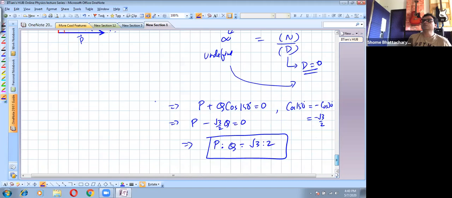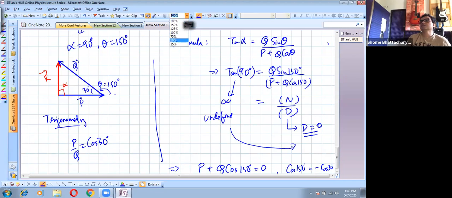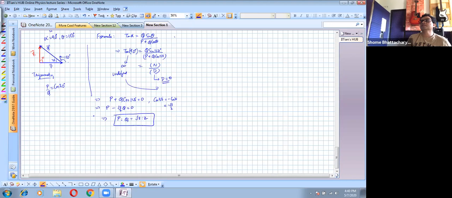You don't need to do anything. Now just use trigonometry for the right angle triangle. Base upon hypotenuse is equal to cos of the angle. That will directly give you the answer. So much more direct approach.